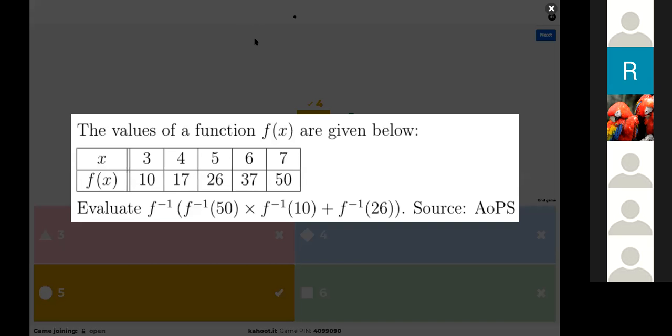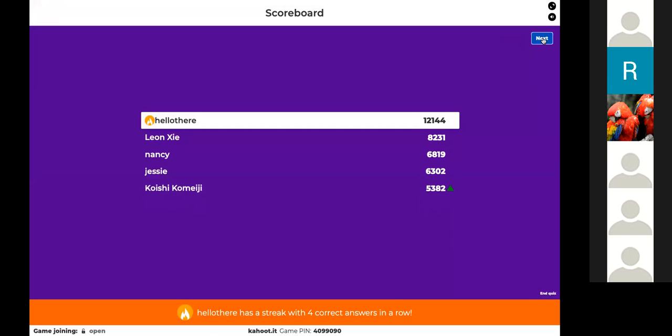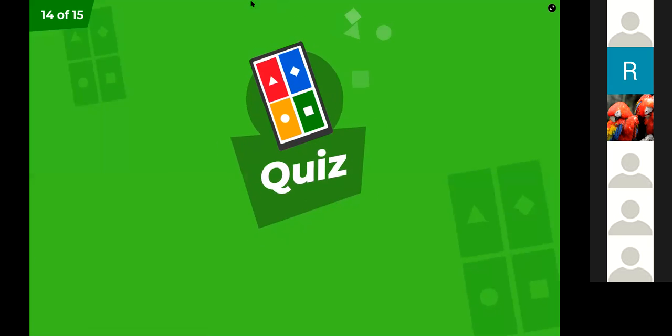Okay, for this one, you can use the table to find the values of the inverses, and you end up with 5. Okay, so 2 more problems left.